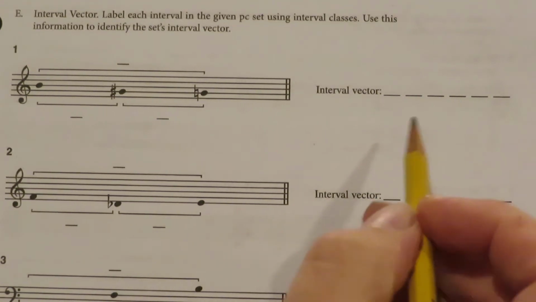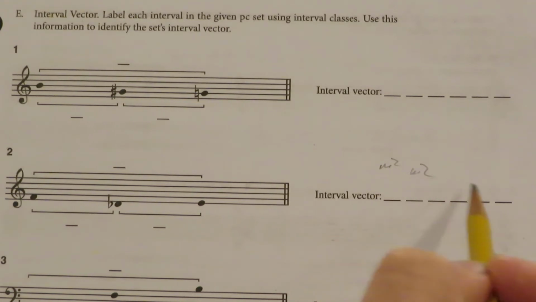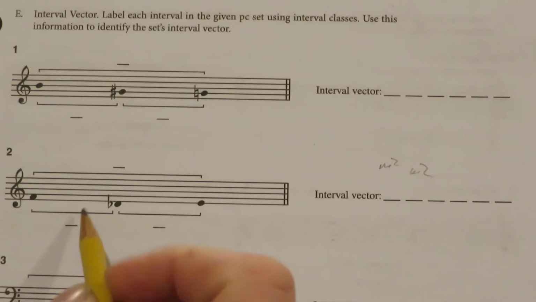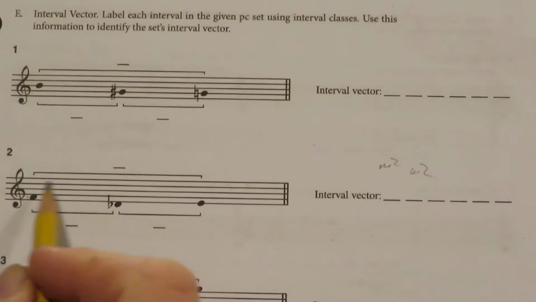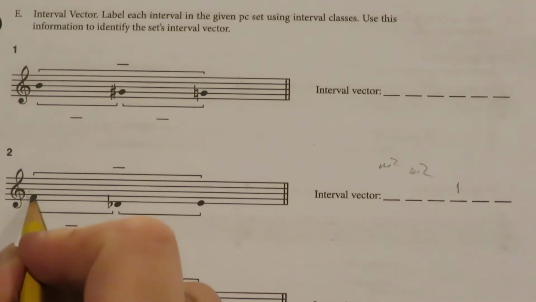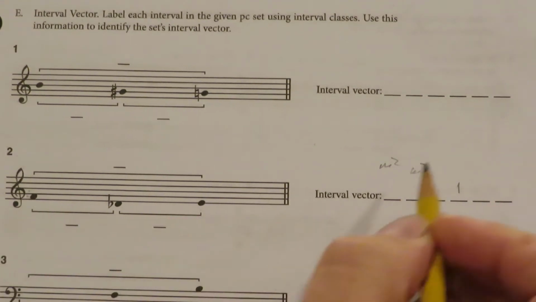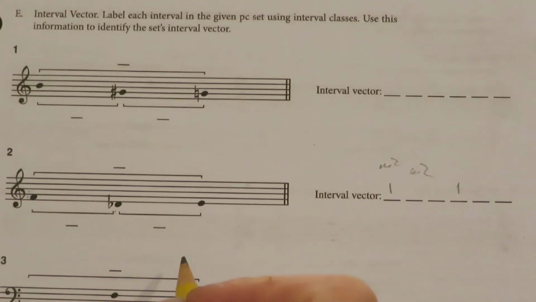Honestly, what I would do, I still do my tally method. I go minor second, major second, minor third, major third, perfect fourth, tritone, and so on. So I go from D to F to D flat. F to D flat is a major third. So 1. F to E is a minor second. And D flat to E is what?